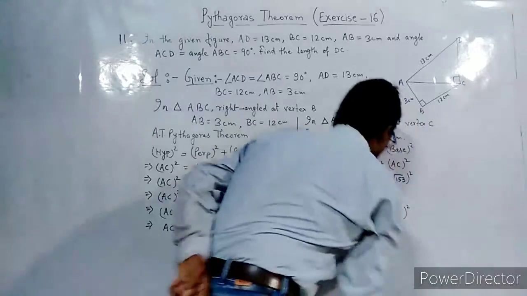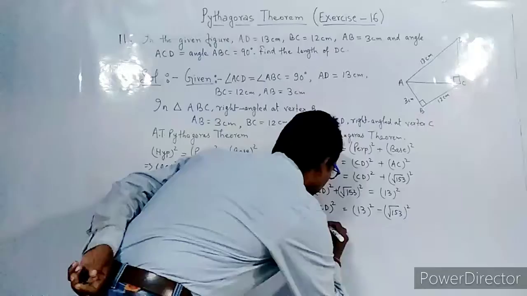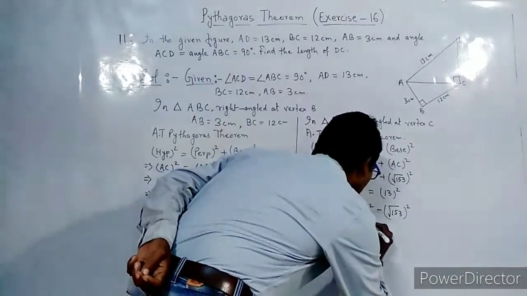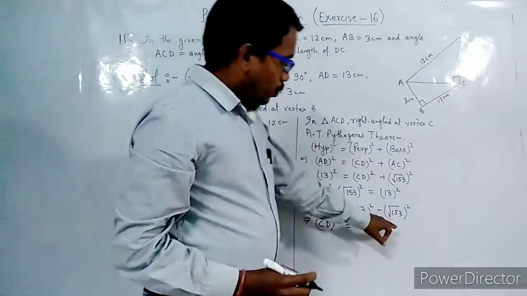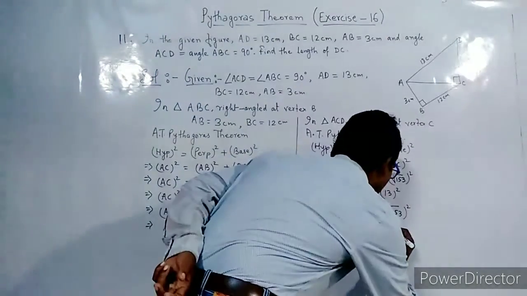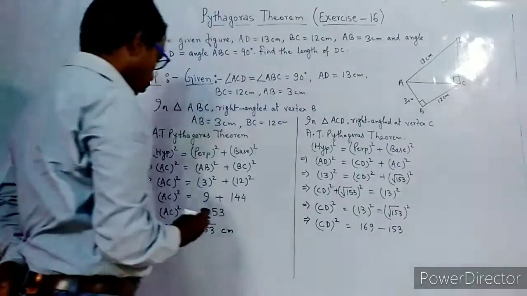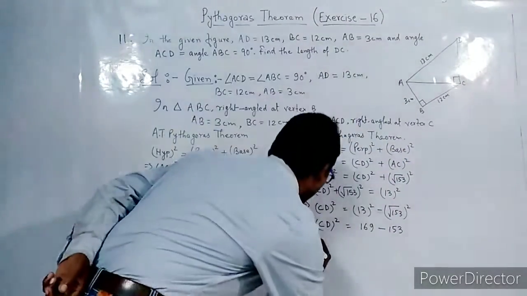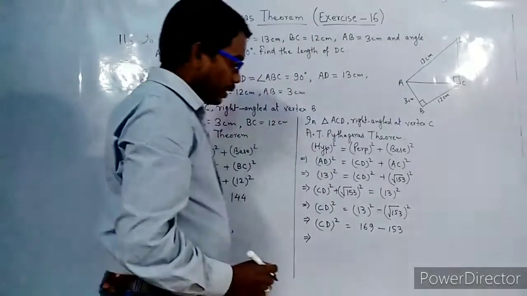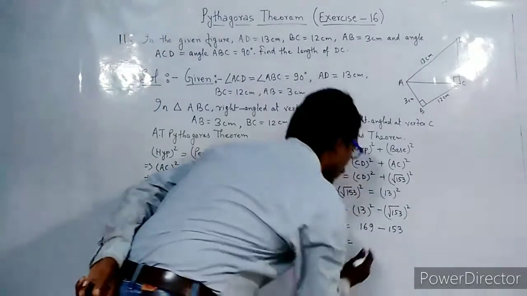Now we will write the squares. Square of 13 is 169 and square of root 153 is 153. Now subtract 153 from 169.